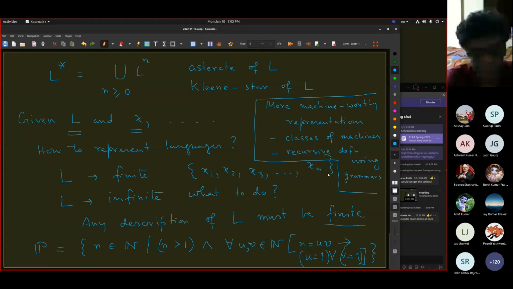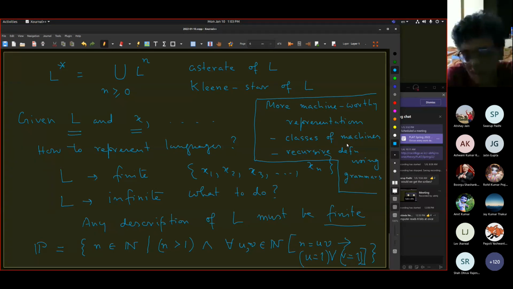No problem. The only problem comes when you want to represent infinite languages in a finite amount of space. And that can be done this way, for example, or using grammars or by types of machines.